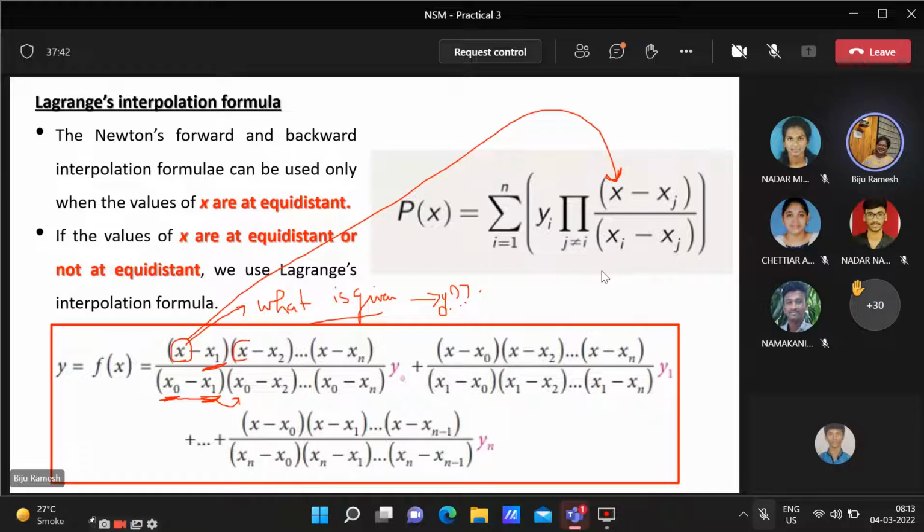X is not changing, it is constant, and x2. From x1 it has gone to x2, and in the denominator these two are the same, x2 and x1, the same as the previous expression. Again, in the next expression x0 is not changing, and here it gets incremented. It will be x3 in the next expression.